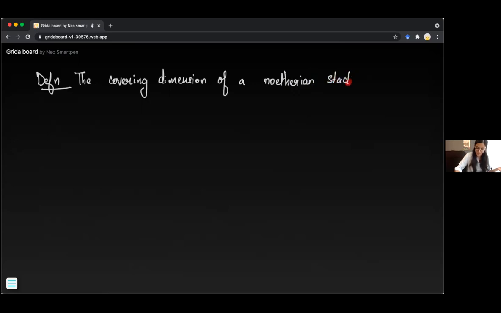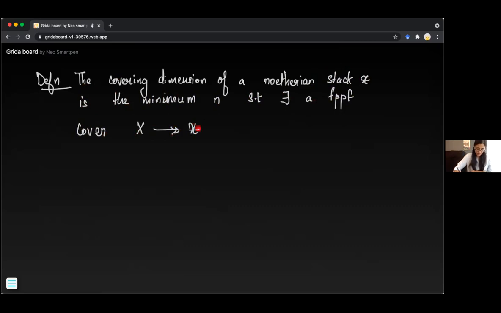So that's what the covering dimension is. So it is the minimum n such that there exists an fppf cover from X to the stack, where X is a Noetherian scheme of dimension n.